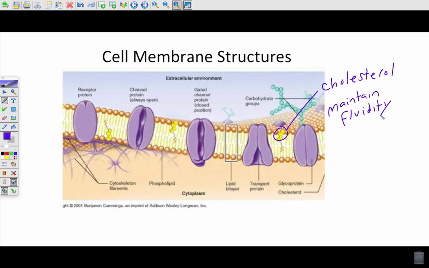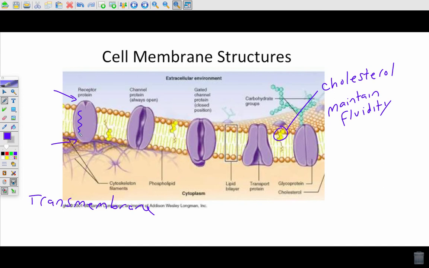All right, and then there's these other things called transmembrane proteins. The transmembrane proteins do exactly how they sound. They go through the cell membrane. Since they do go through it, there's going to be hydrophilic areas of the transmembrane proteins. So the inside and outside of the cell are going to have hydrophilic regions.